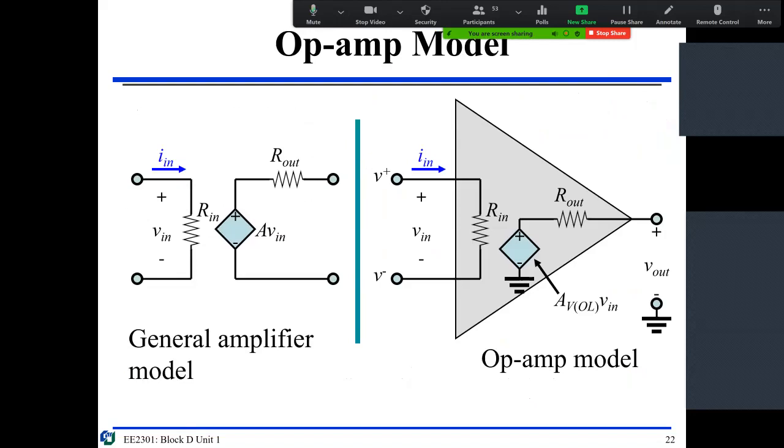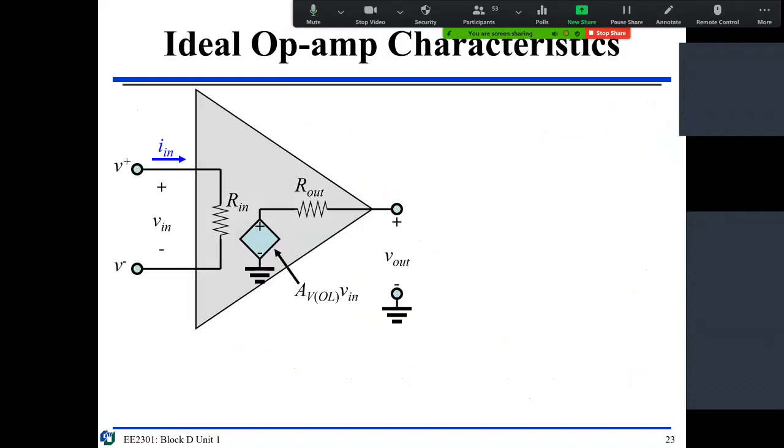So you are going to see that this is a general amplifier model. We have studied it, okay? You have R in, you have R out. Op amp will also have R in and R out, okay? And A_OL is very big, okay?